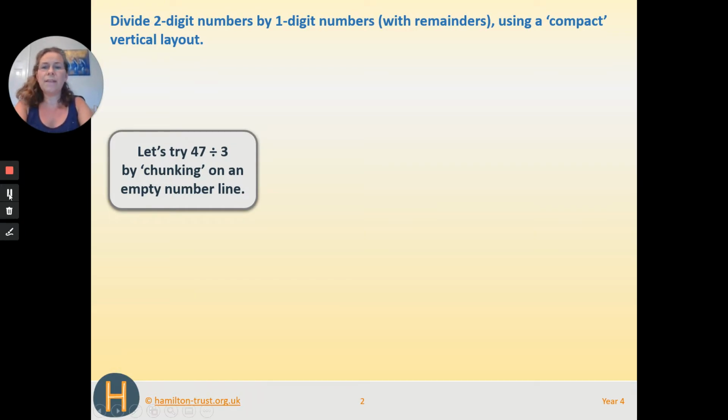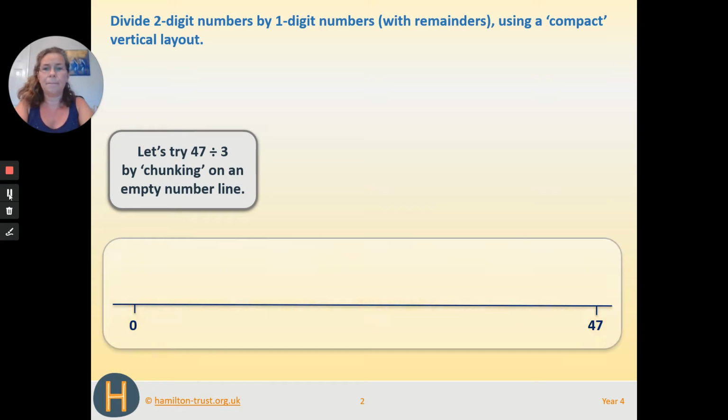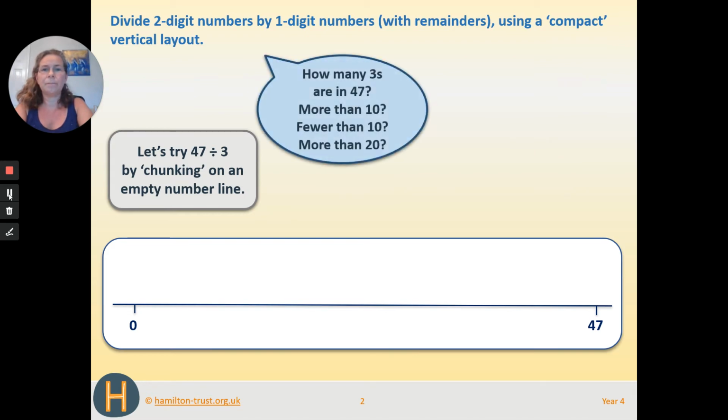Let's try 47 divided by 3 by chunking on an empty number line. We put 0 at one end and 47 at the other. How many 3s are in 47? Are there more than 10, fewer than 10, or more than 20?